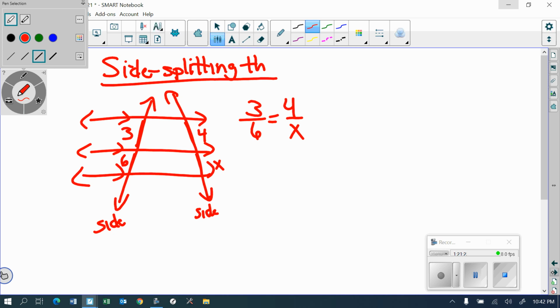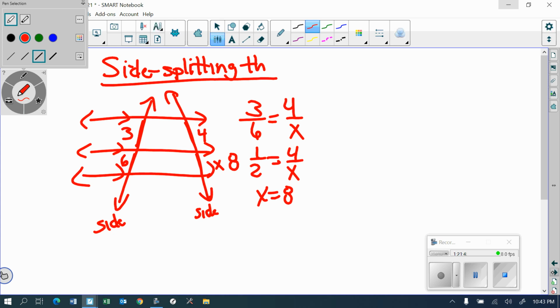And so I have to go top over the bottom one on the right side, 4 over x. That means corresponding order. And of course, I could reduce 3 over 6 down to 1 over 2 equals 4 over x. And now I could cross multiply and I get x equals 8. So x has to be 8. 3 over 6 is the same ratio as 4 over 8, 1/2.